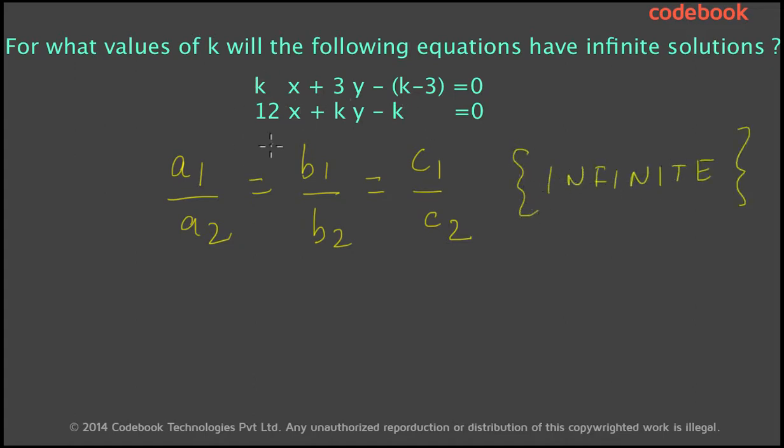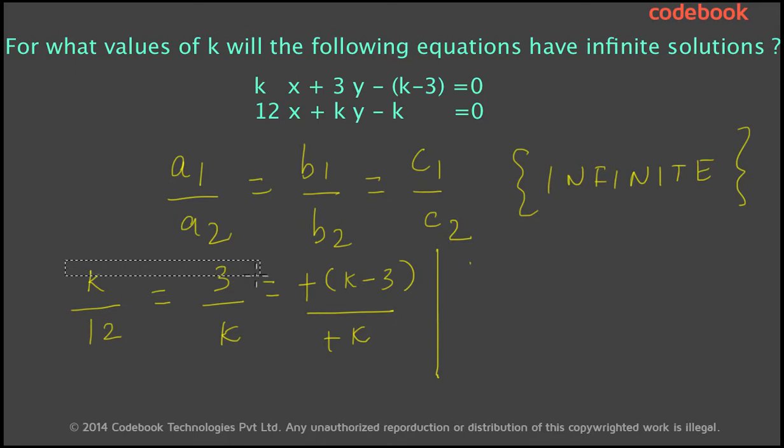So let's try to find the relationships here. Here A1 is your K. So K by A2, which is 12, is equal to B1, which is 3, by B2, which is K, is equal to C1 by C2. C1 is minus of K minus 3, and C2 is minus K. So minus minus is plus.